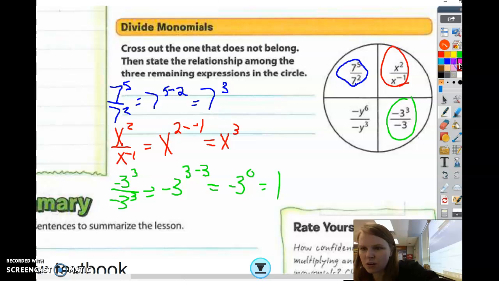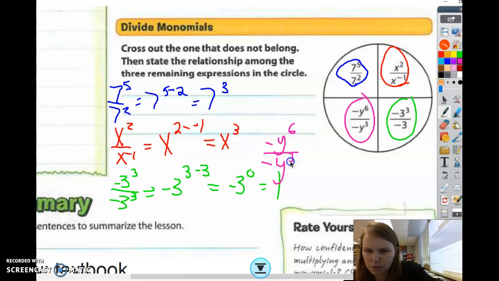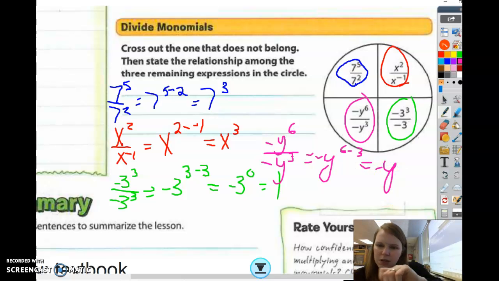Let's do one more. So we're going to do this one now. So we're going to say negative y to the 6th power divided by negative y to the 3rd power. That wasn't very clear. It's supposed to be a 3, sorry. So I'm going to do negative y to the 6 minus 3, which gives us negative y to the, what is 6 minus 3? 6 minus 3 is 3rd power, right?